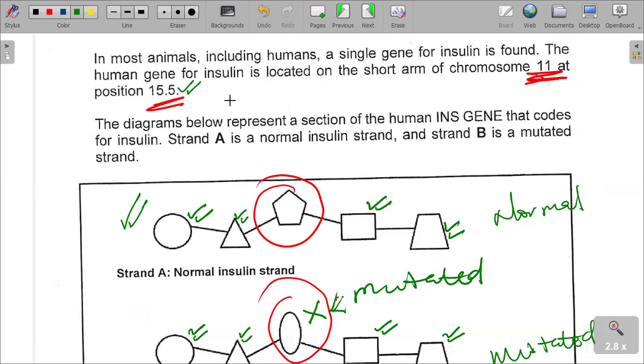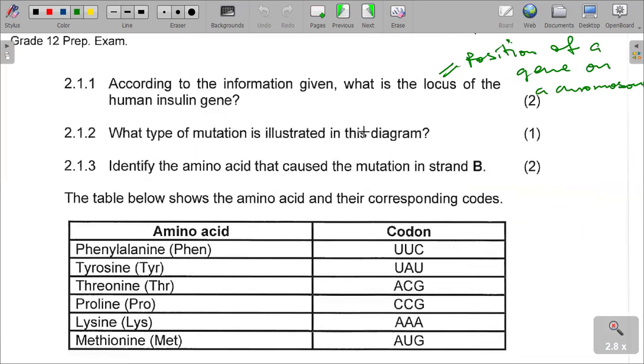The locus which is asked in this case is position 15.5, which is given on chromosome 11. I'm sure that we can agree together there, on chromosome 11. It is given in the essay there.